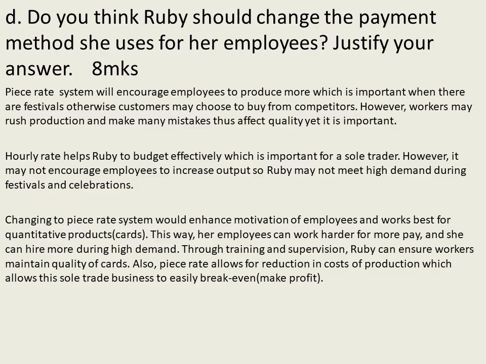I've given a limitation or a disadvantage of piece rate to Ruby. And I've done the same for hourly rate, because like I said above, this question is asking about those two methods of payment. And then I have chosen what I think is the best method for Ruby. So in this case, I am supporting or picking piece rate system for her.